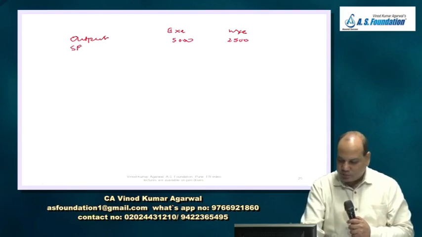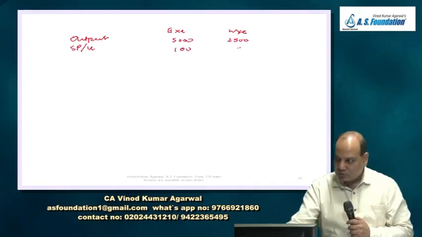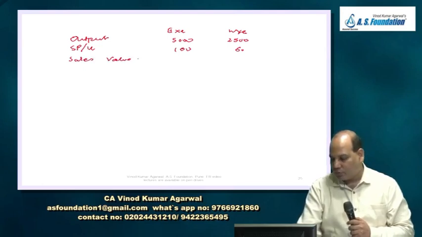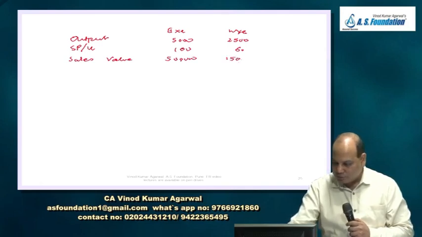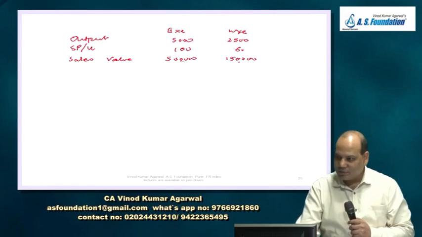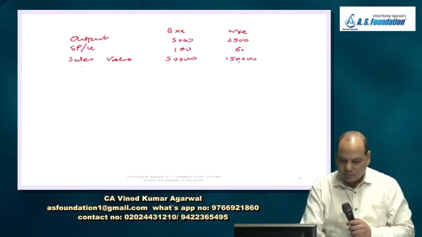What is the selling price per unit? 160. So what is the sales value? 5 lakh, right? And 1,50,000. Just check, is it right? So the logic of this method is that the one which has a higher sale value should bear more expense. Is it right?